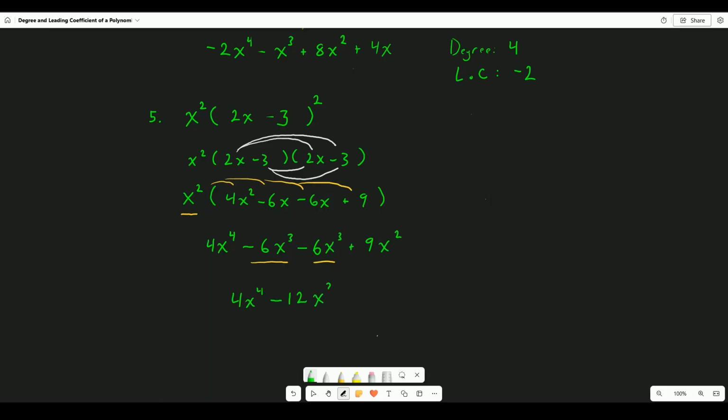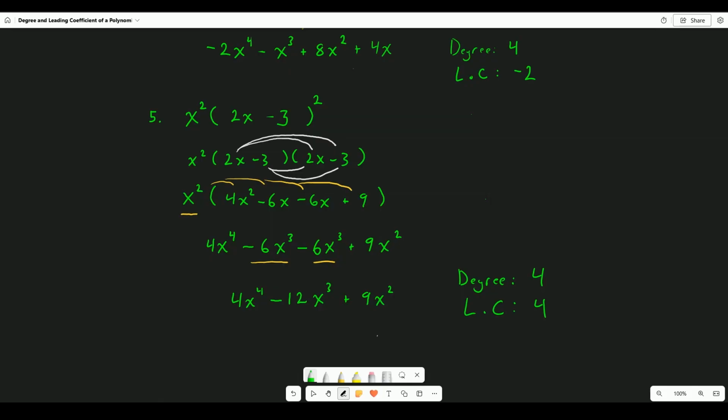X cubed. Plus 9x squared. And from here we can see that our degree is 4. We have a degree 4 polynomial, and our leading coefficient is also 4.